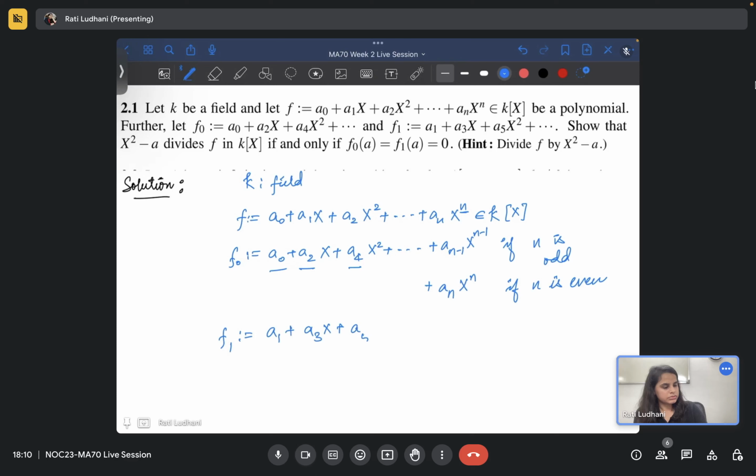So a3 x, a5 x squared, and so on. Now again, if n is odd, then it will be a n x raised to some power, else it will be the other case. Oh sorry, I have to fix this, the degree of x is something different. So can you tell me what will be the degree here?